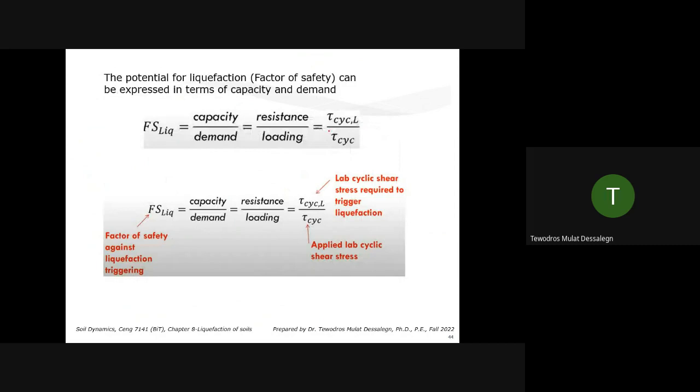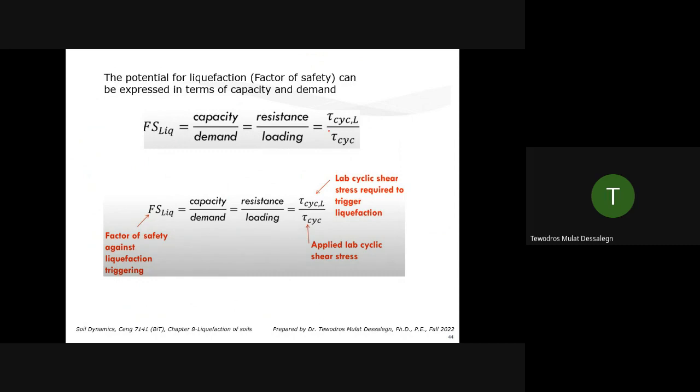The potential for liquefaction, the factor of safety, can be expressed in terms of capacity and demand. The beauty is researchers in the past, Boulanger et al., developed a way to evaluate liquefaction. You can go to a site, do some measurement or some software analysis, and find the factor of safety against liquefaction.